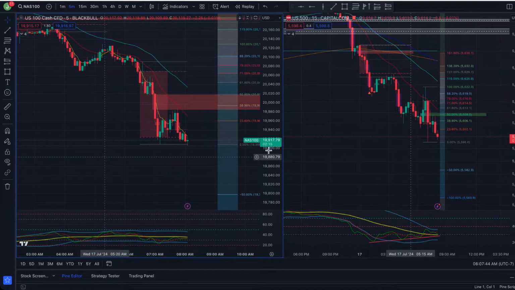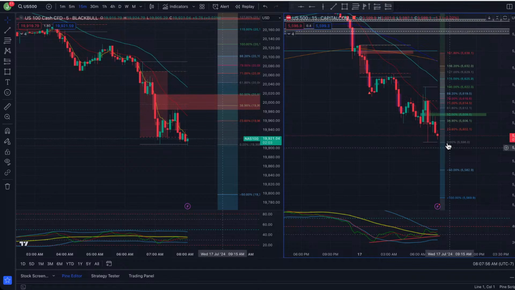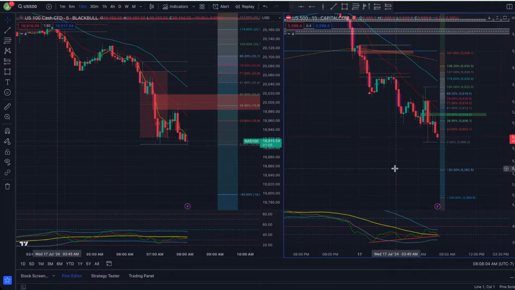Trying to get confirmation, 2 minutes, 13 seconds left in this candle on the 5-minute. US 500 close to the bottom as well now. Just dancing at the bottom there.